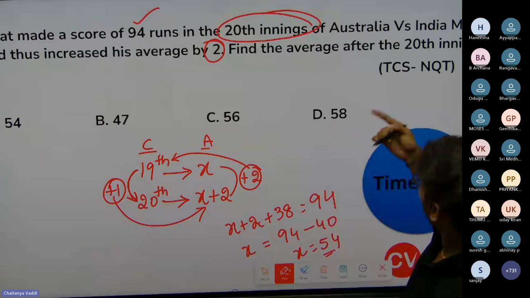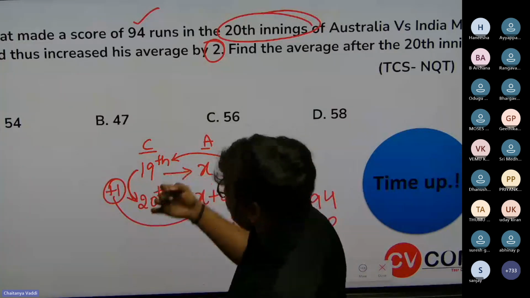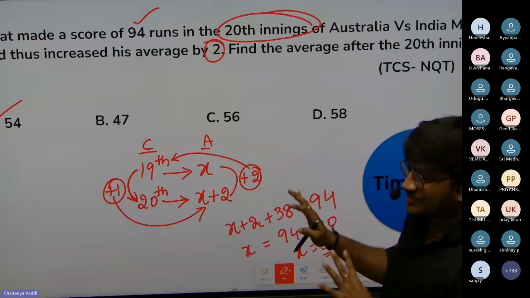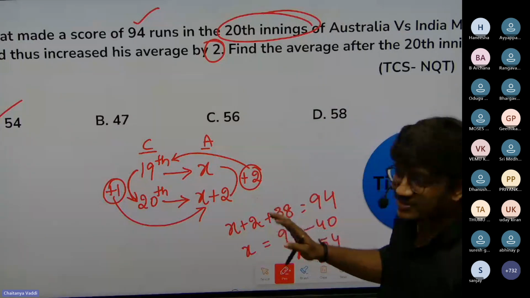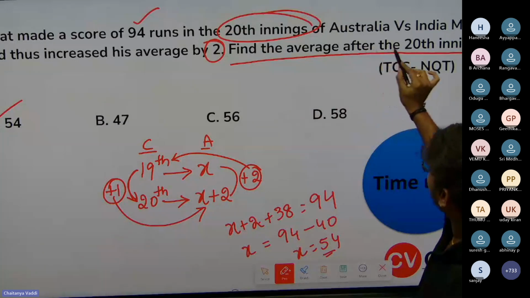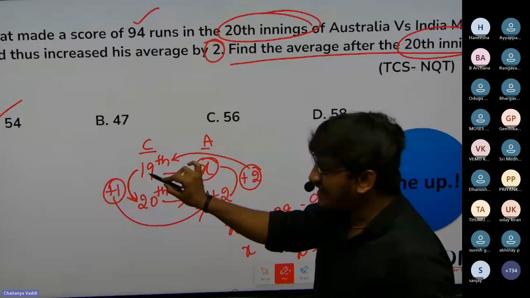So what are they asking here? Don't get confused here. People might post the answer as 54. These are the mistakes that students may commit in the exam. Observe the question: find the average after the 20th innings. We assumed the X value for the 19th innings, right?